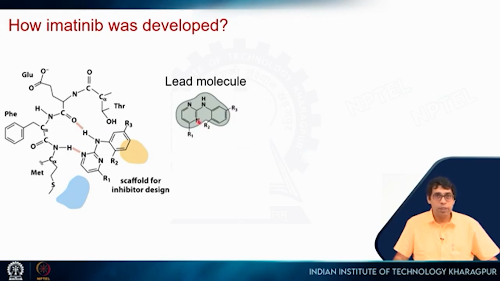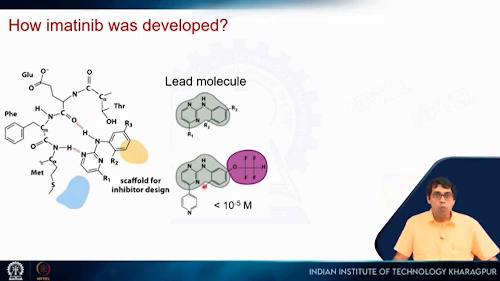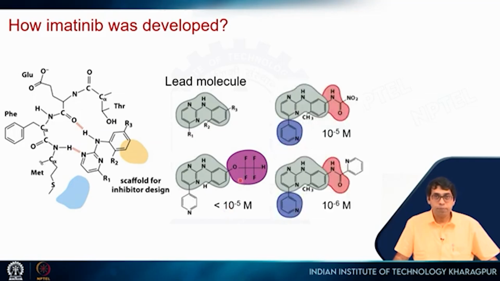This is our lead molecule. One of the library molecules, let us say, looks like this, where R1 is this pyridine ring, R2 is just the hydrogen and R3 is this moiety. And if you measure the binding affinity, it is 10 to the minus 5, right. So, 10 micromolar affinity.